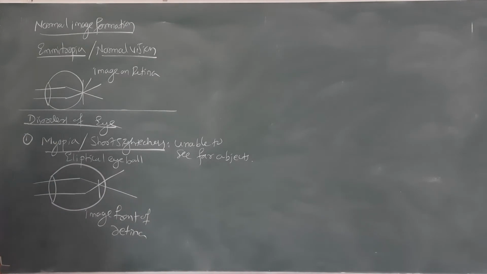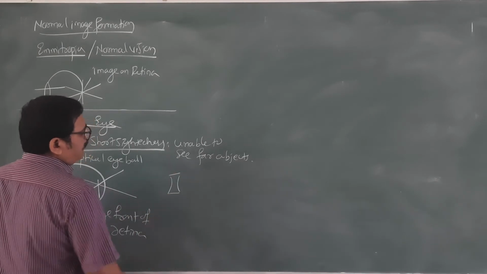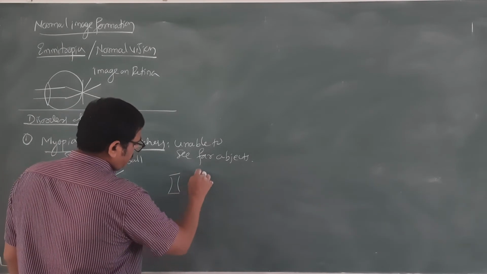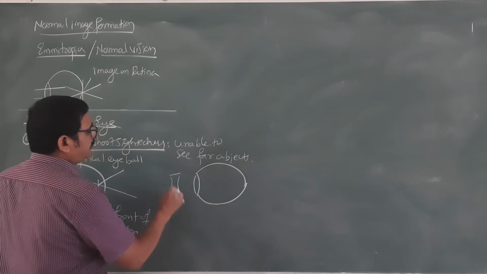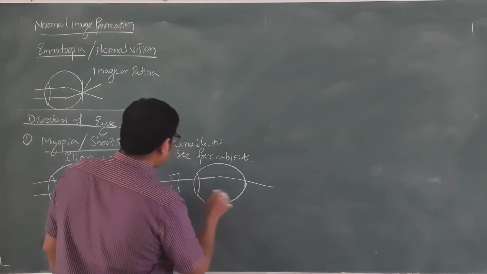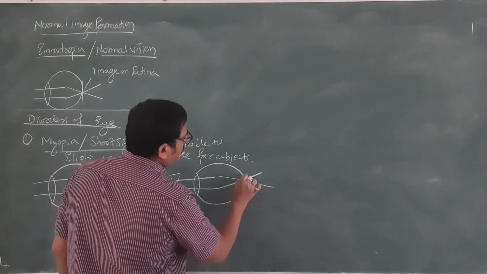Now how is this corrected? It can be corrected by using a concave lens. No doubt the eyeball may be elliptical, but the concave lens makes the image form on the retina only.